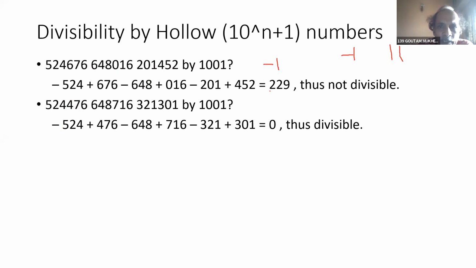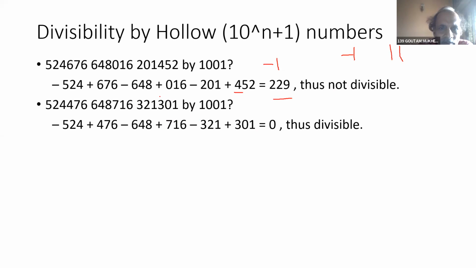So we group it like this. Last one is positive, is negative. Doesn't matter actually, positive, negative. First one also could have made it positive. And this positive, negative, positive, negative, positive, negative. And finally it comes to 229, it is not divisible. Whereas these numbers, I slightly changed them, this 229, I had to make it 0.